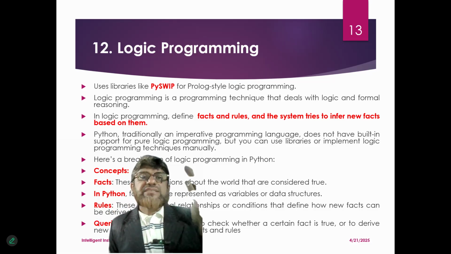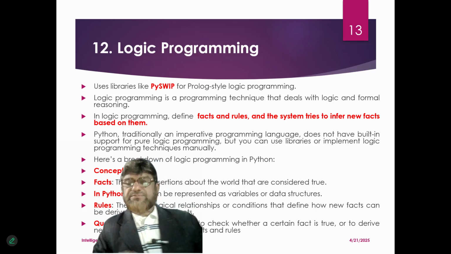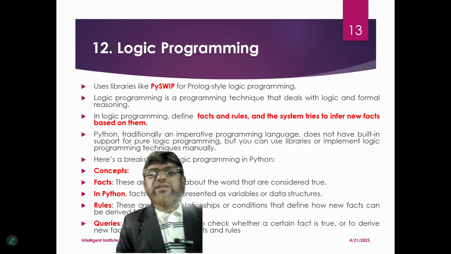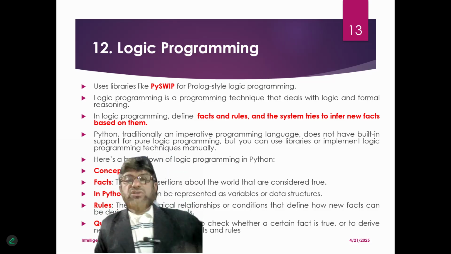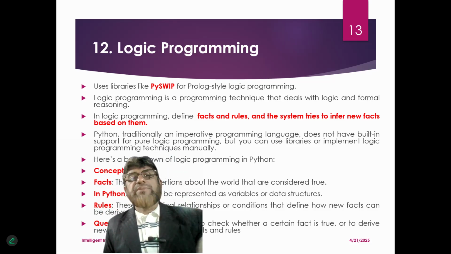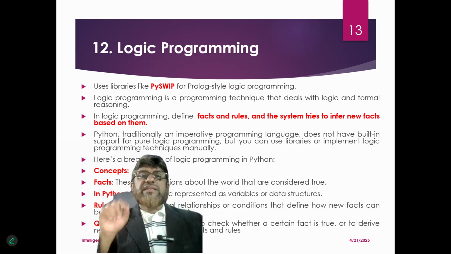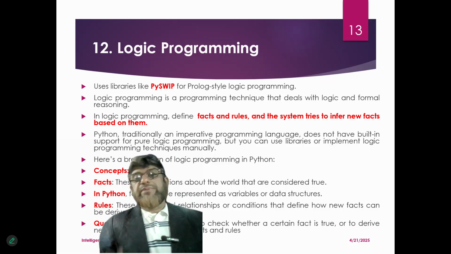Like if an interviewer wants to ask how we can do it in a Prolog style, or first order predicate logic, this Python programming with the help of PySwip libraries can do that.